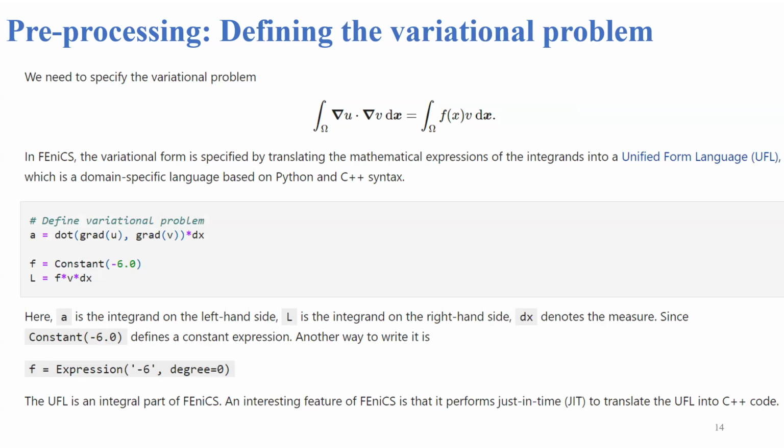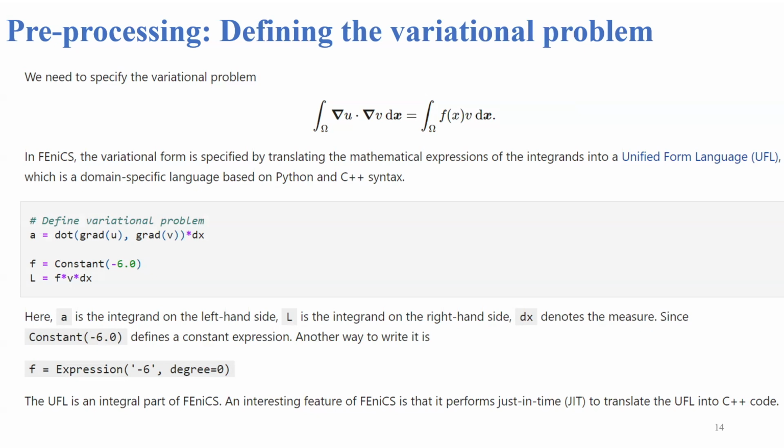So a, which is the left hand side, is the dot of two entities, grad u and grad v. So the gradient of u and the gradient of v. Remember, u is the trial and v is the test function necessary for the weak formulation. And f is assumed to be the constant minus 6. It can be a function as well.